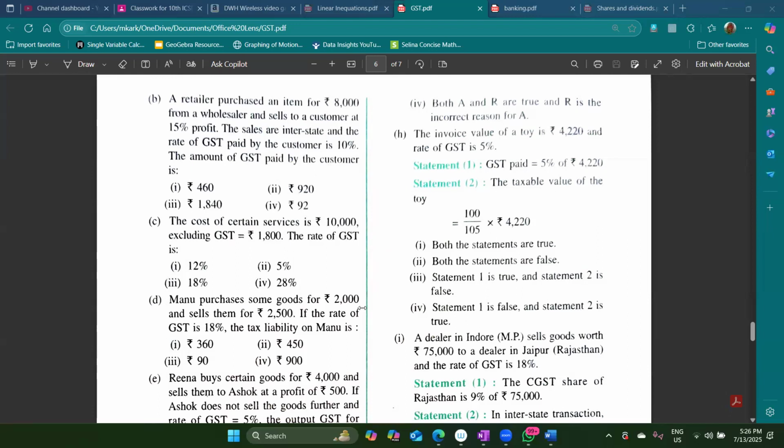Correct, Riya. Correct, Advait. So I have a question for you. Everybody answered this correctly. This calculation which is given here in part B, when is that calculation done?